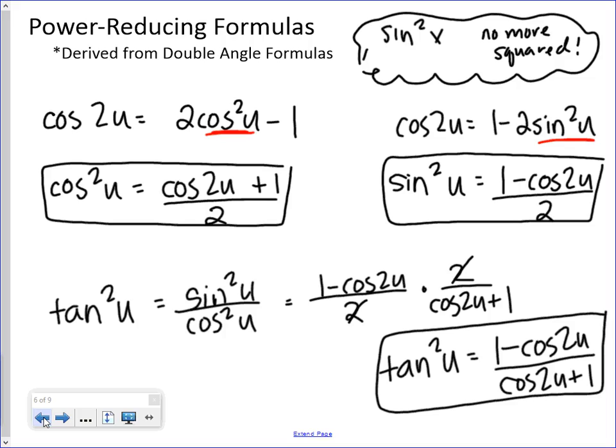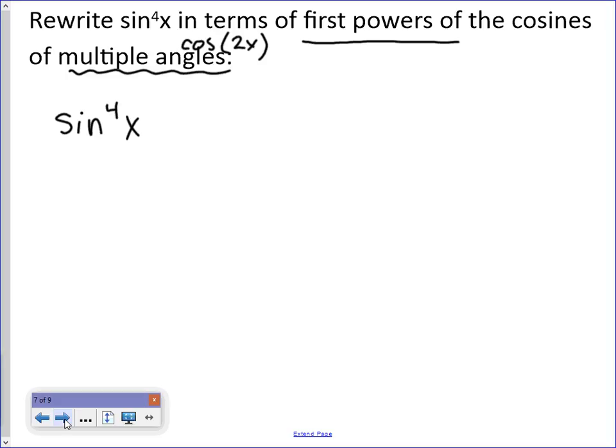But again, go back to your different formulas for the power reducing. All of the formulas have that cosine of 2u. So that's that multiple angle for cosine. It just depends on what u was, is it going to be 2x or 4x or 6x or 8x? And that type of thing. Okay, so did I give you a formula for sine to the fourth?